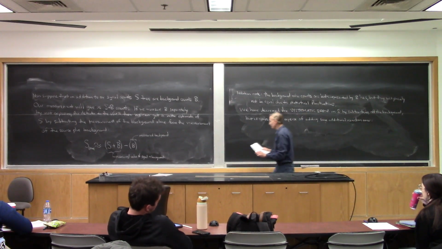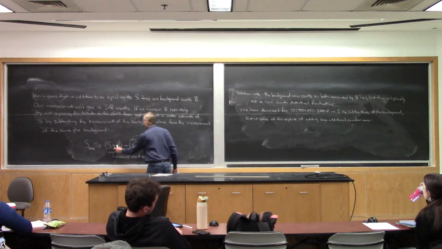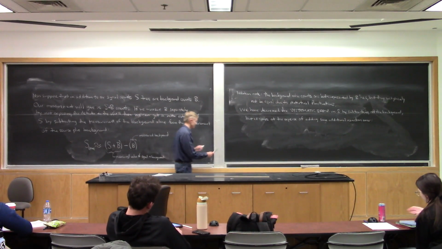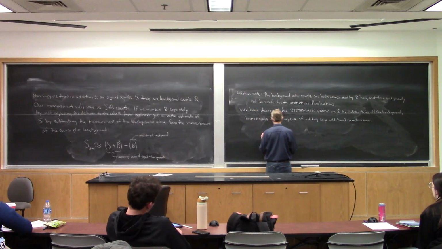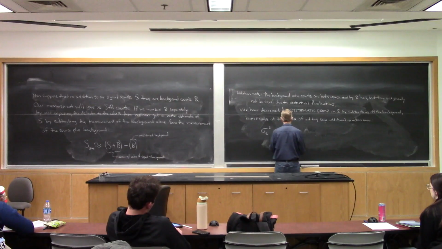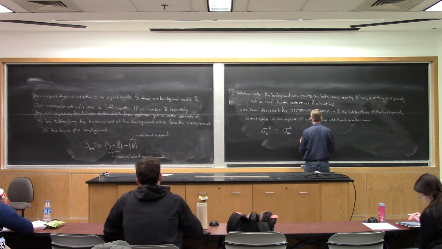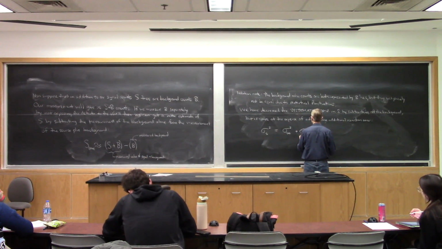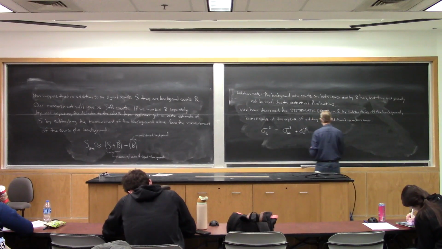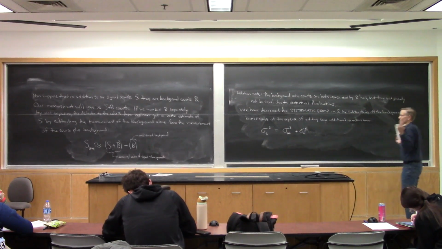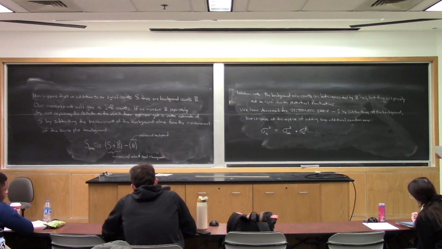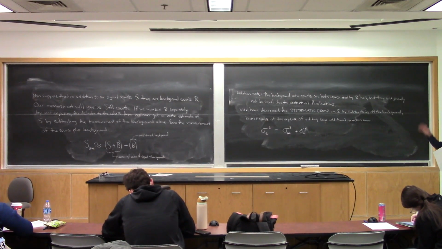So we have to error propagate S plus B minus B. What we can say is that sigma S squared is equal to, we'll call it sigma S plus B squared plus sigma B squared. I'm using a little b now because the source I base this on used little b, so I'm just going to do that.